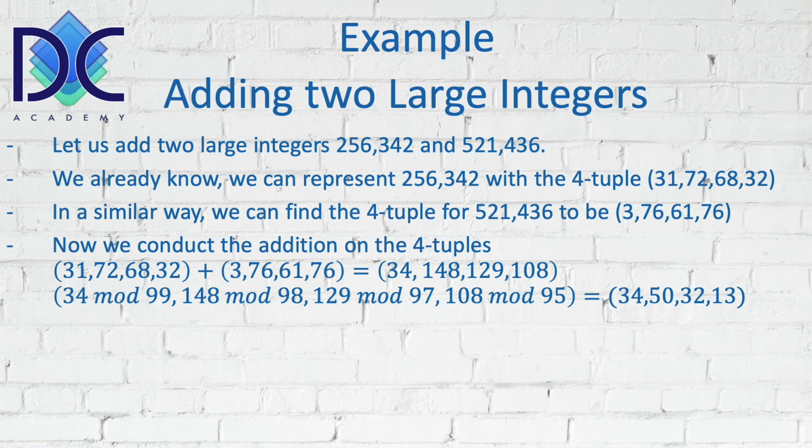We do the same for 108 modulo 95, and basically we find a 4-tuple which is 34, 50, 32, and 13.